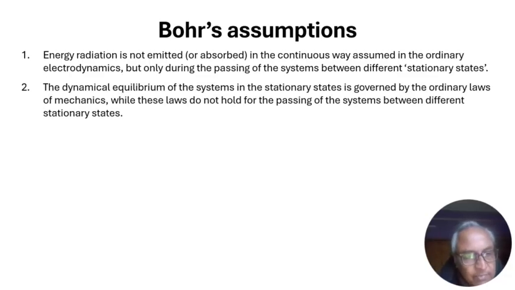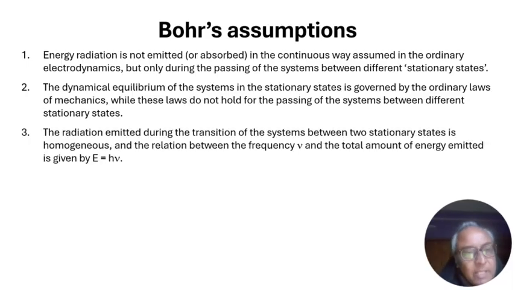Number 2, the dynamical equilibrium of the system in the stationary states is governed by the ordinary laws of mechanics, while these laws do not hold for the passing of the system between different stationary states. Number 3, the radiation emitted during the transition of the systems between two stationary states is homogeneous, and the relation between the frequency nu and the total amount of energy emitted is given by E equals h nu.